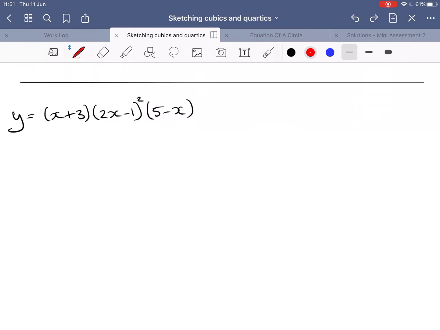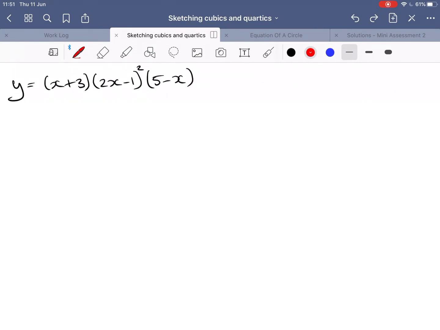Okay. And here we've got another one. Now, the first thing I notice is I'm going to have another touch because this is going to give me a repeated solution. But before we get that far, let's think. What type is it? Well, I've got an x times a 2x squared times a minus x. What's that going to give me?